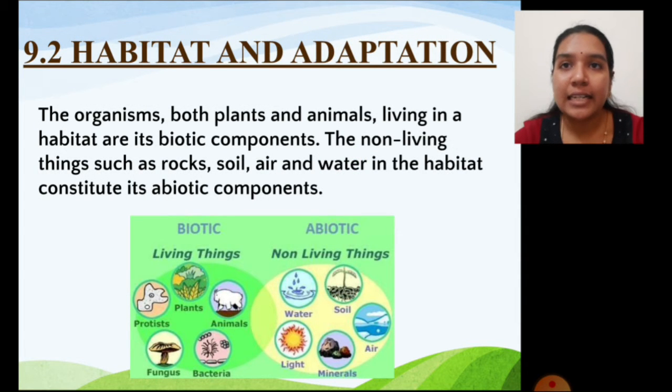We already learnt about biotic and abiotic components. The plants and animals are biotic components, and the non-living things like soil, air, water, minerals, etc. are the abiotic components.